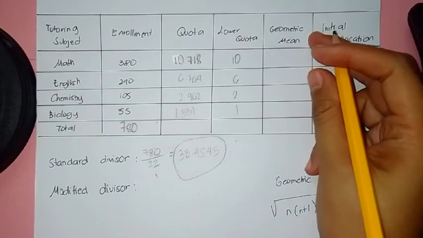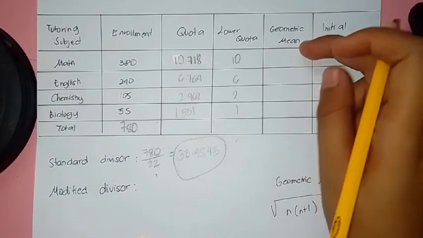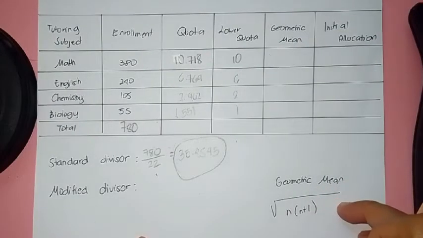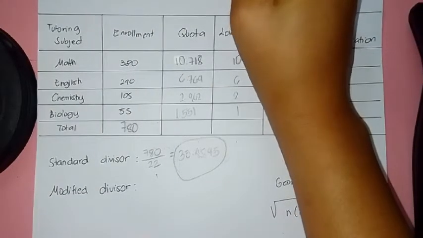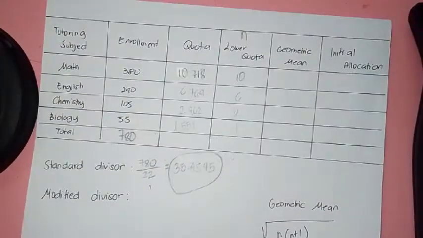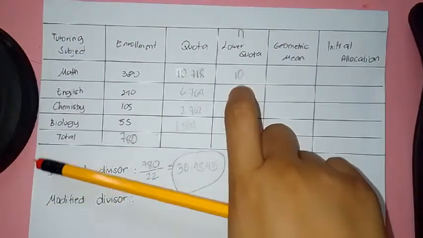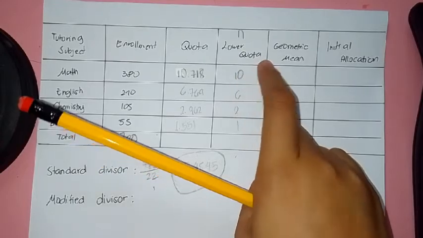So, for geometric mean, we should follow the geometric mean method. The lower quota is the letter N, and we also get N plus 1. The N is 10, plus 1 equals 11.